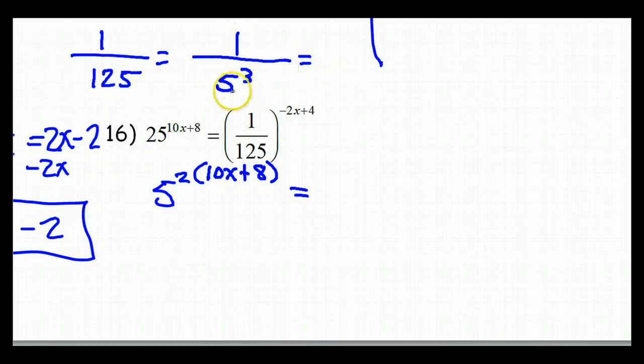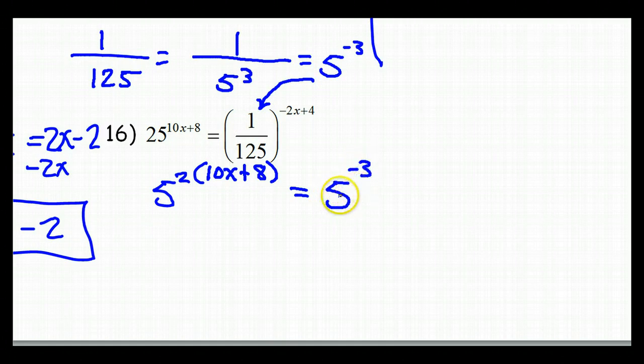So to write this as just a base and a power, this is really 5 to the negative 3 power because it's in the denominator. All right, so that means I can take this 1 over 125 and replace it with 5 to the negative 3 power. Again, this existing exponent, I just put it in parentheses, negative 2x plus 4.